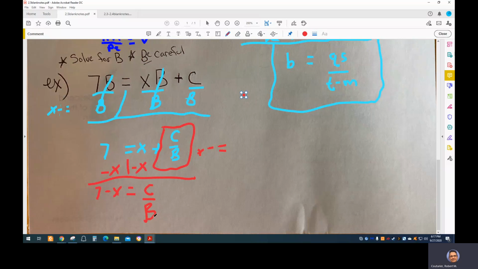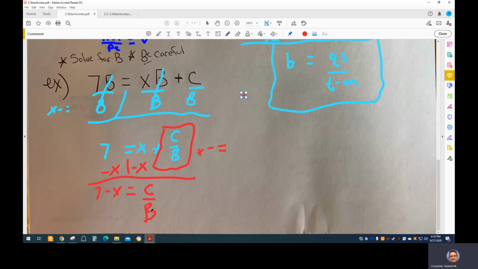Now look, now we can finally try to tackle this B, right? This is one of the ones that's slightly confusing because it seems like you're moving the B all over the place. This B cannot stay here. It cannot stay in the denominator. We have to have this go away. So in order to make C go away, we can't make it move.